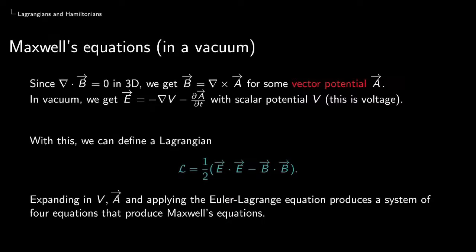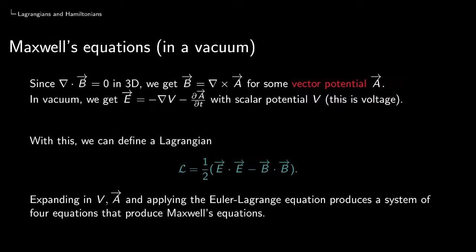And using these definitions, you can find that the Lagrangian used to derive Maxwell's equations is going to be 1/2 of the dot product of the electric field minus 1/2 the dot product of the magnetic field. You can think of the electric field as some sort of kinetic energy within the system, and the magnetic field as basically a potential, like a store of potential energy for the electric field.